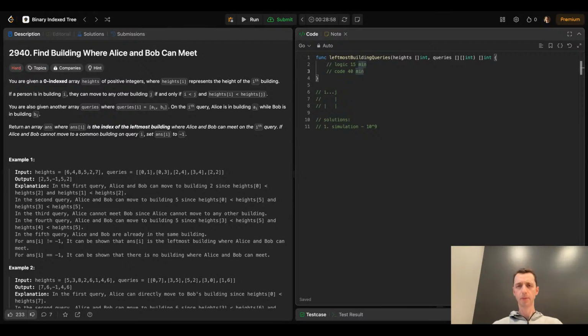Okay, another approach would be to still do the brute force, and maybe we'll get some ideas along the way. Or there is still a little chance that the brute force will work. So for the brute force, we need to do the following. We will need to go over the queries.